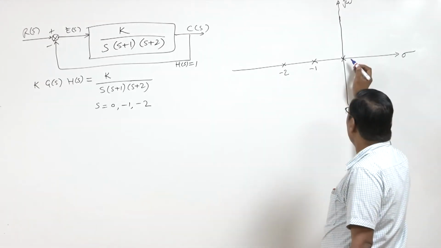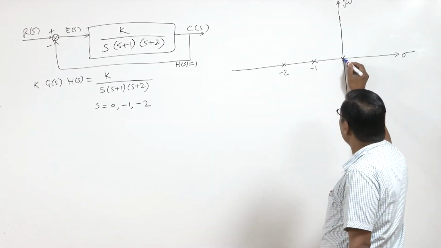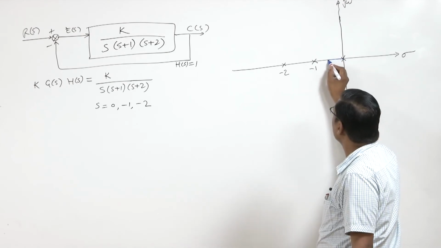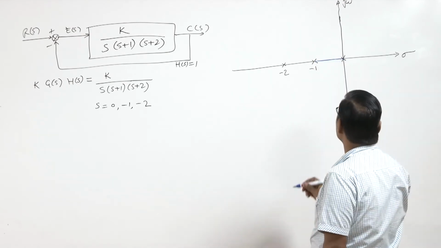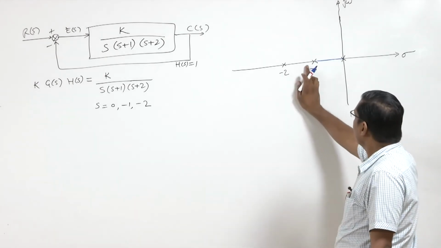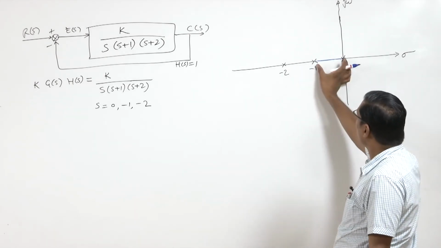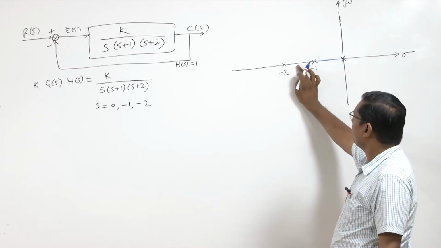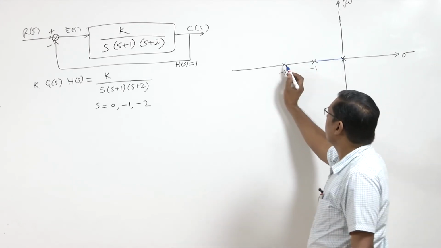Here this is one pole, so it will lie to the left of this one. So this is the region where the root locus will lie. Then here it will not lie, because there are 2 poles to the left of it, but it will lie in this region.